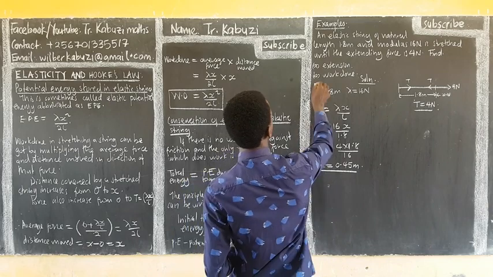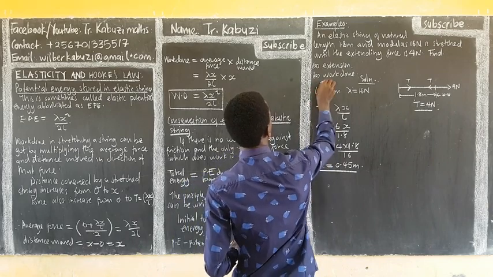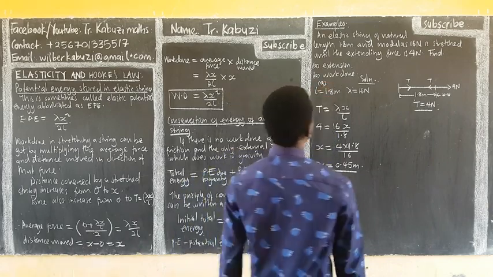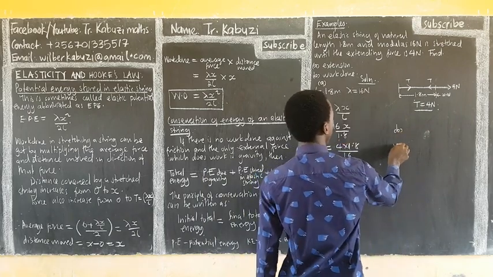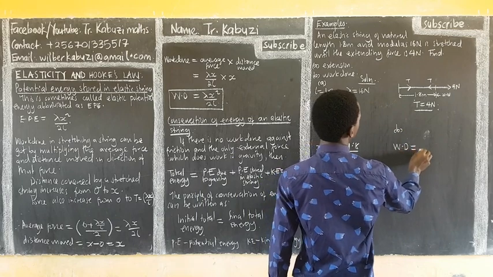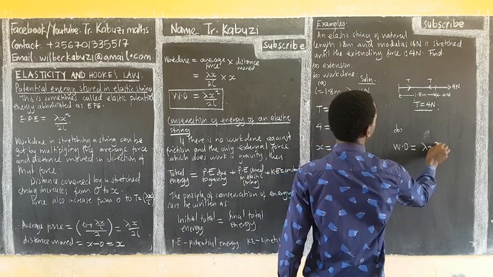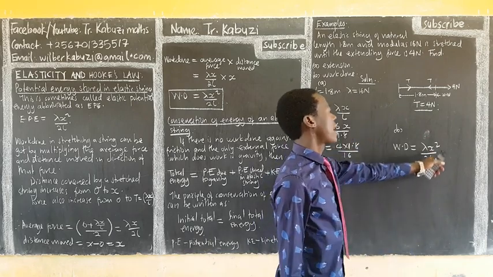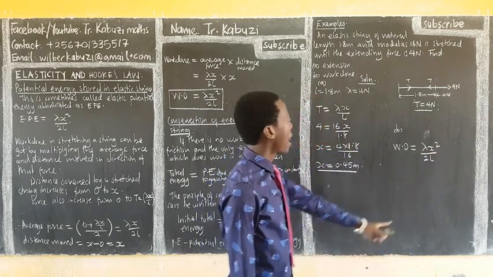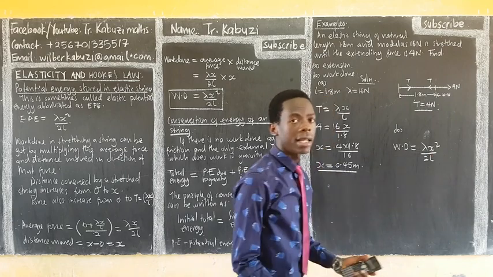Then in part B, they want us to get the work done. Remember the formula: lambda x squared over 2L. We have lambda, which is 16, and the extension.